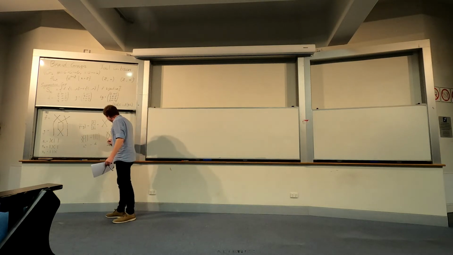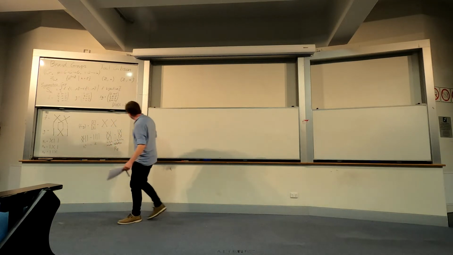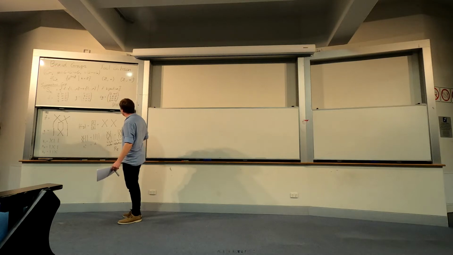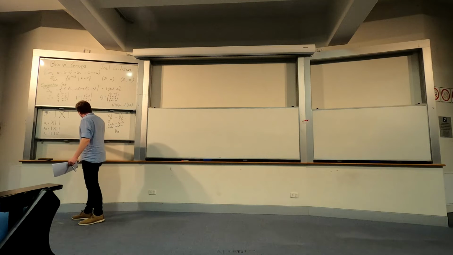What's this one? This one is saying S1, S2, S1 equals S2, S1, S2. And then I have one other relation that basically says that if I have crossings that are far apart, then I can just move them past each other.